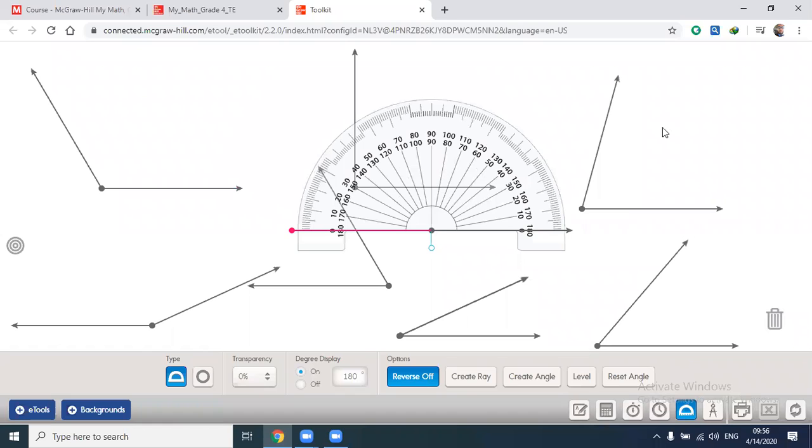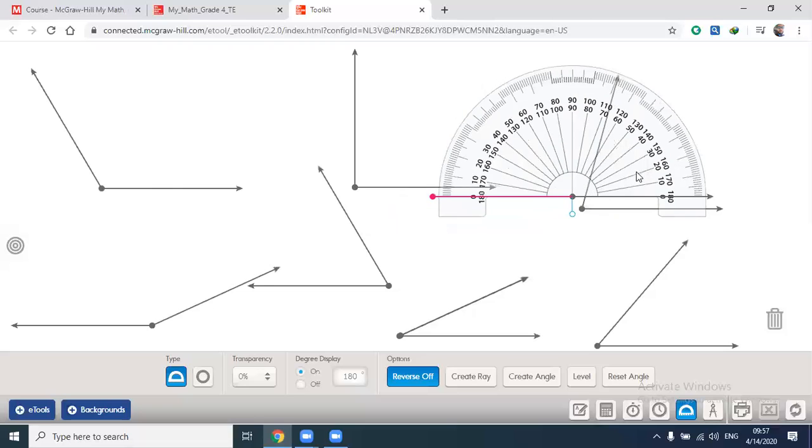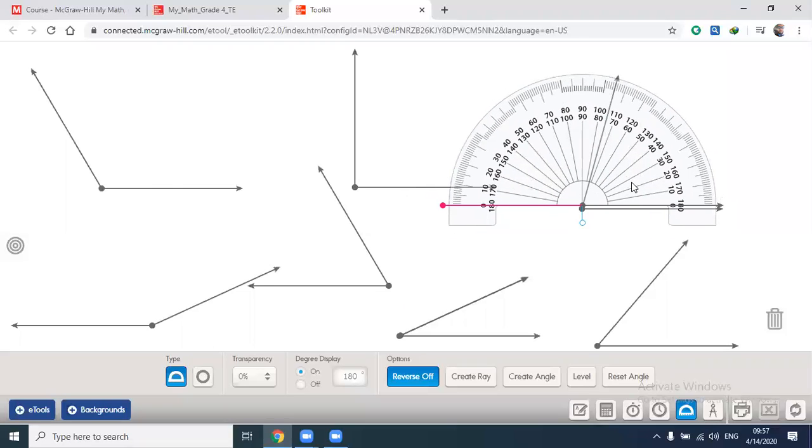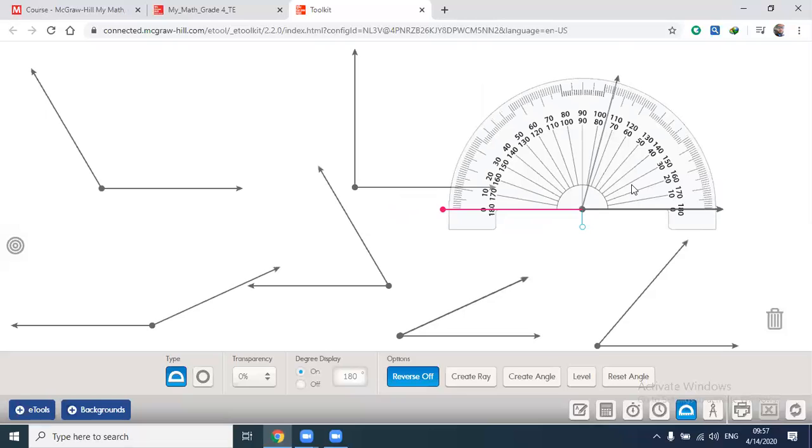Here, I want to measure this angle. I have the vertex of the angle, and there are two sides or two rays. Put the center of the protractor on the vertex of the angle, and 0 on one of its rays.